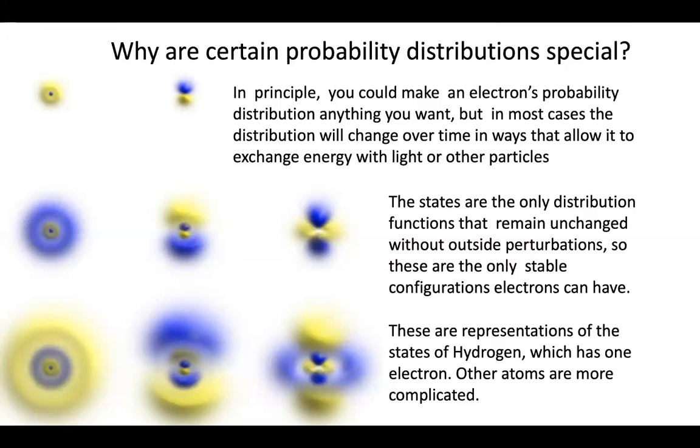Now, what are those configurations? Those are various obnoxious functions that are basically defined by Coulomb's law, and some extra complications due to the fact you're trying to put multiple electrons in orbit around these things.